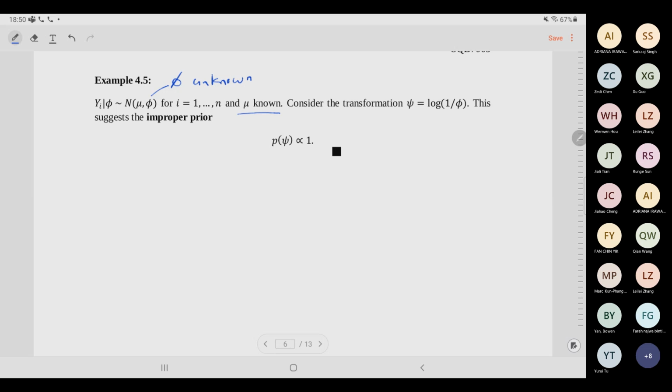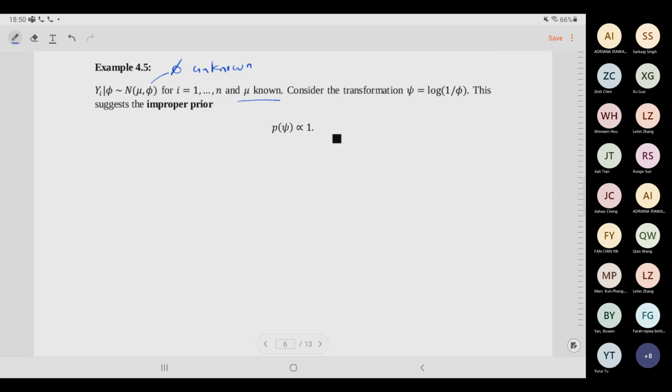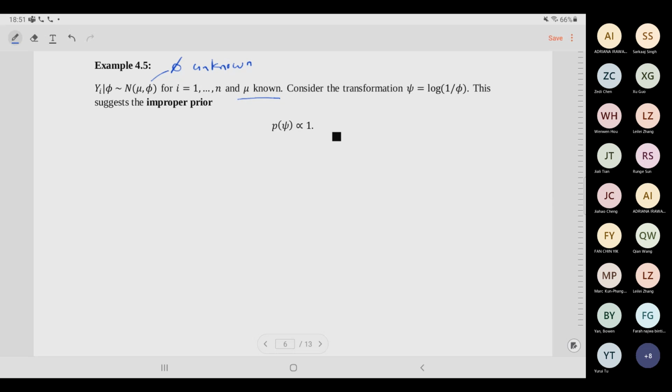This transformation is log 1/phi. Sometimes the reason they use a transformation is that after transformation, the behavior or the posterior for that parameter will have a certain special characteristic, and that's why we use the transformation.